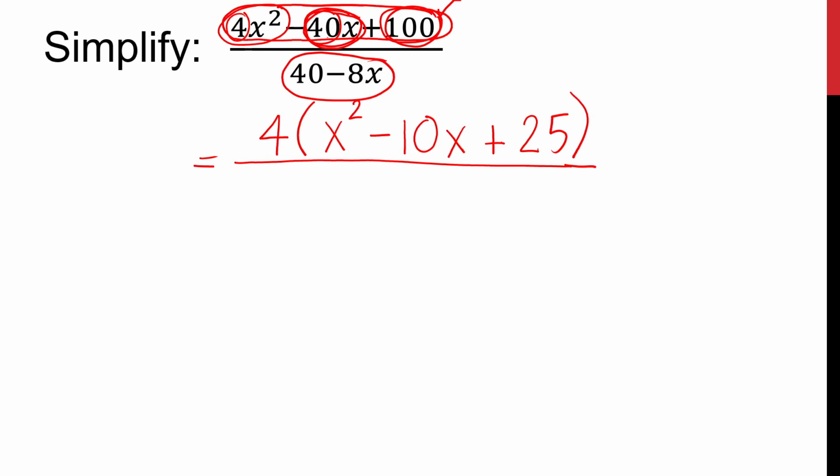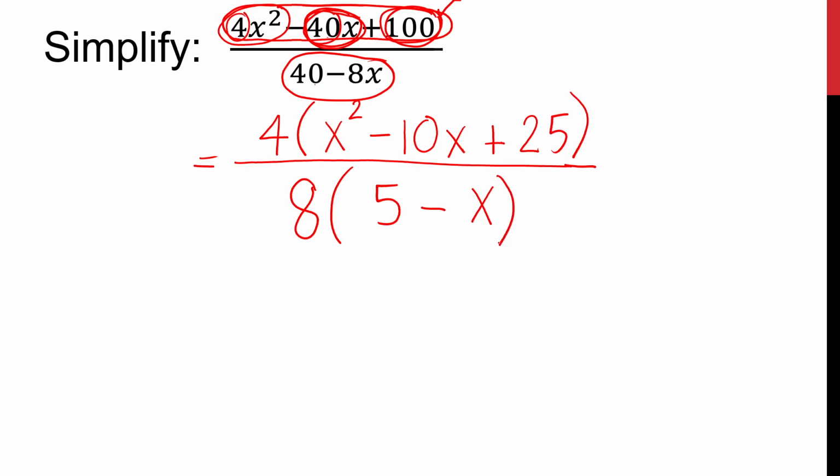What is the common factor of 40 and 8? 8. 40 divided by 8 is 5. Minus 8x divided by 8 is negative x. Okay.